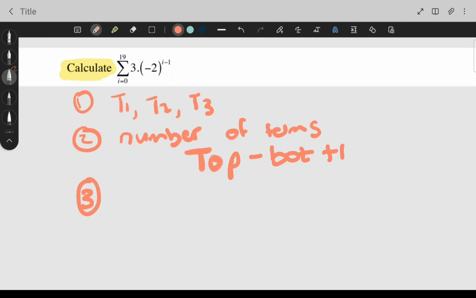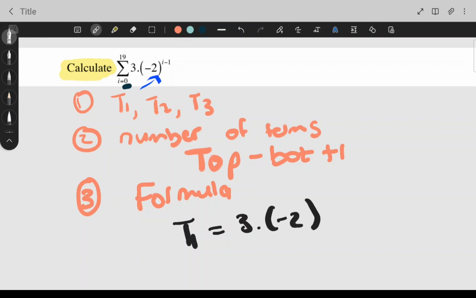And then you sub it into the formula. So, the sum for a geometric pattern. And this is all you do. Do you remember I said we sub in this number into the general term? So for term 1, I'm going to sub in 0. So 3 times negative 2 to the 0 minus 1. Okay, let's see what we get.